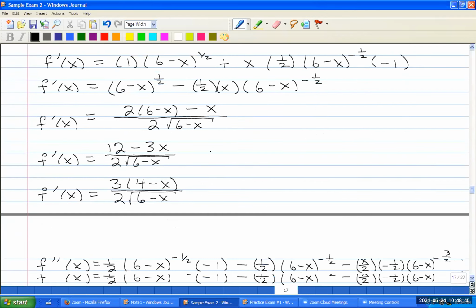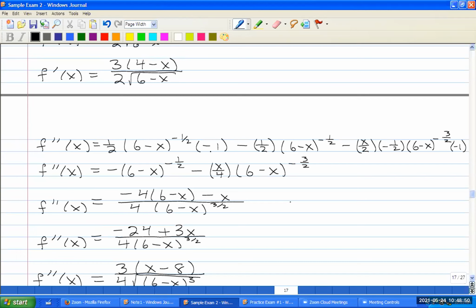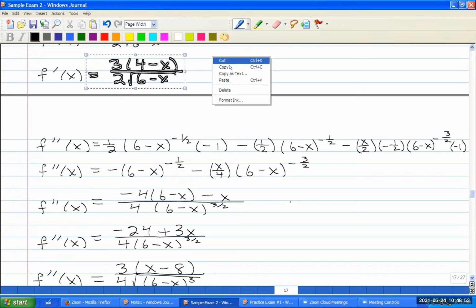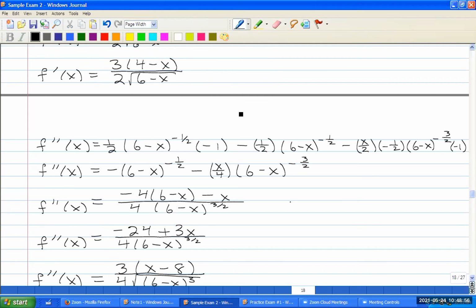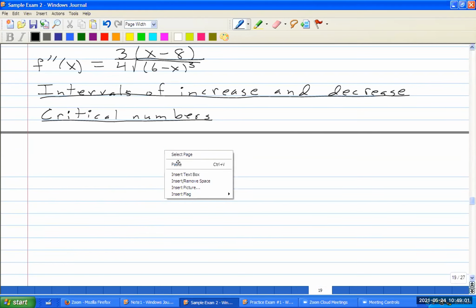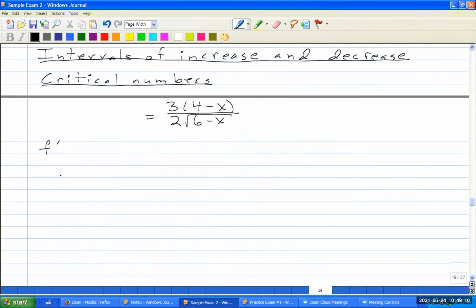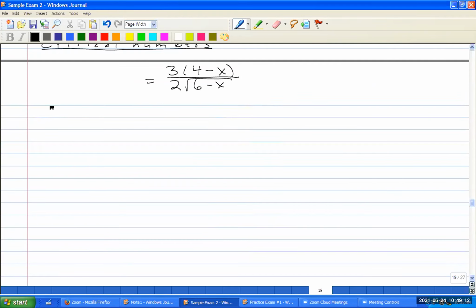That's why I simplified this guy. Okay, so that's my first derivative. So I want to find where the first derivative is 0 and where the first derivative does not exist.